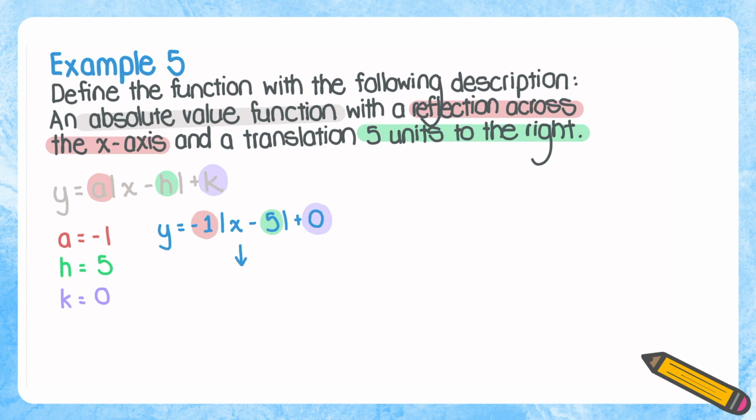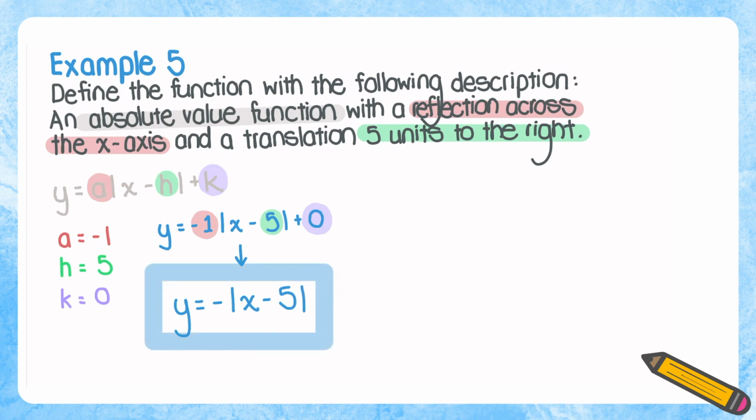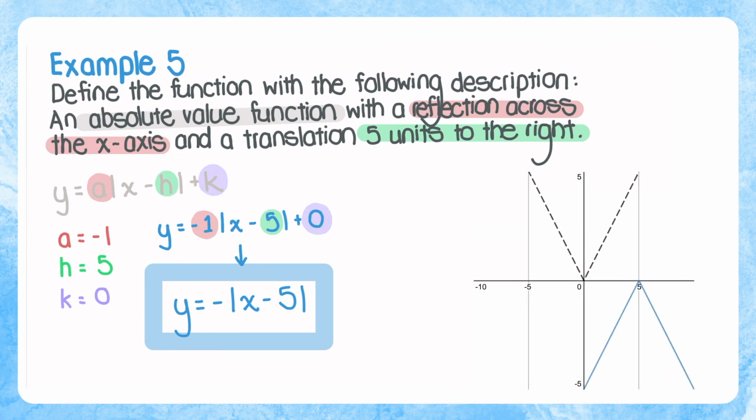And let's write this a little simpler. y equals negative absolute value of (x minus 5). We found the function based on a description. Checking on Desmos, we see that the parent function was reflected across the x-axis and then translated 5 units to the right. So we defined the function correctly.